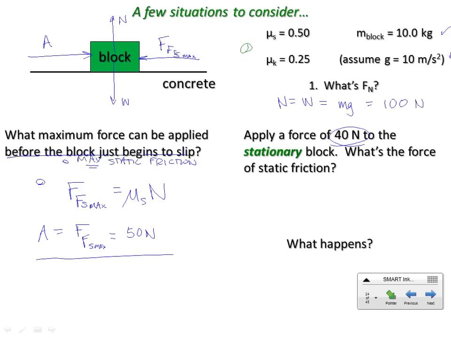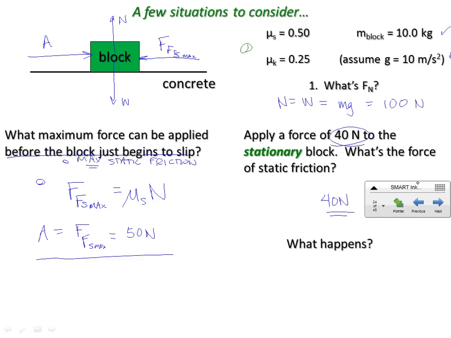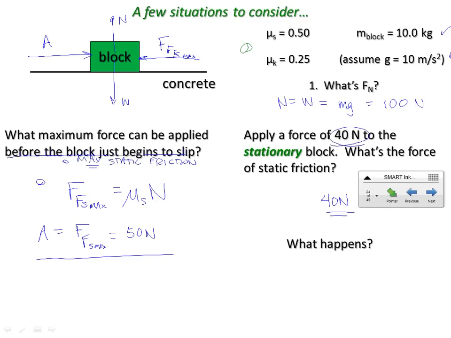If we apply only 40, there's going to be only 40 newtons of static frictional force. And what happens? Nothing at all. We have to apply 50 newtons to get the block to move. We only apply 40, so we get 40 newtons of frictional force to resist that 40 newton applied force, but it's not enough to set the block in motion, so nothing happens.